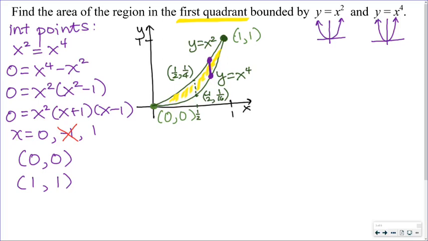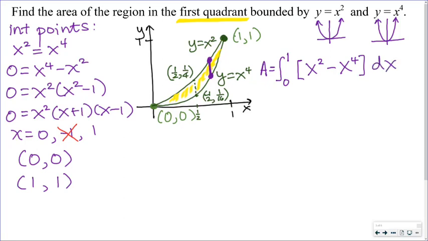So I'm going to say that the area equals the integral from x is 0 to x is 1 of the top y value minus the bottom y value. That's x squared on top, x to the fourth on the bottom.